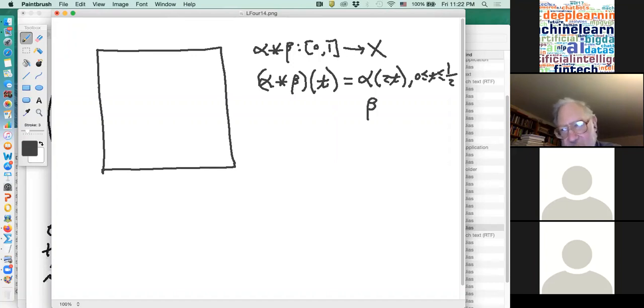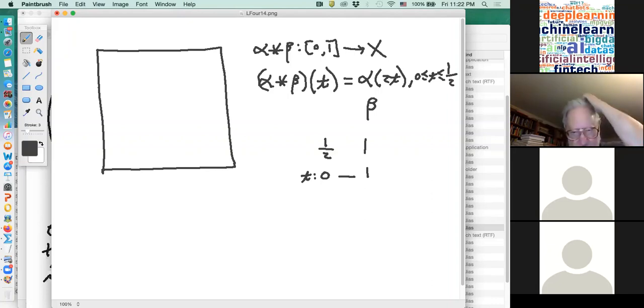And I need to start it at 1/2. And so I want to start at 1/2, and that will correspond to 0 for the parameter for beta. And I'm going to go to 1, which will correspond to the 1 for beta.